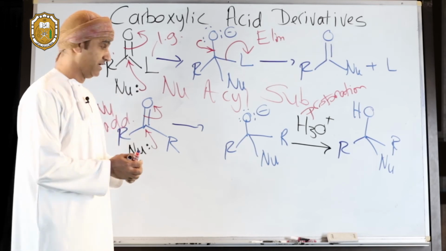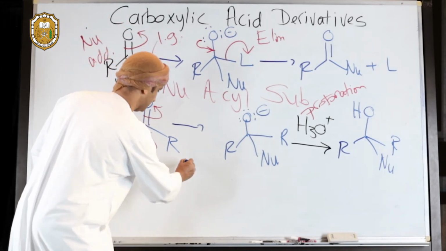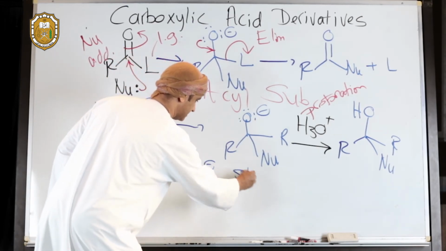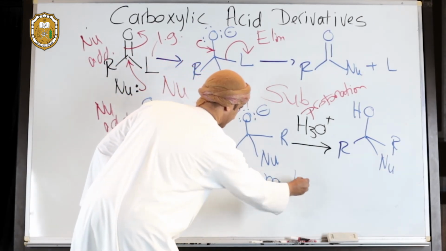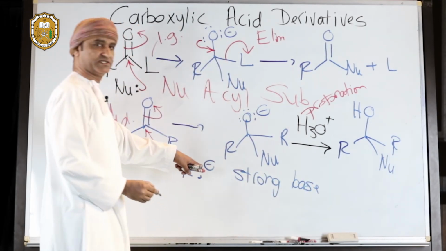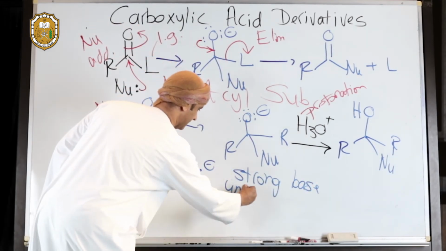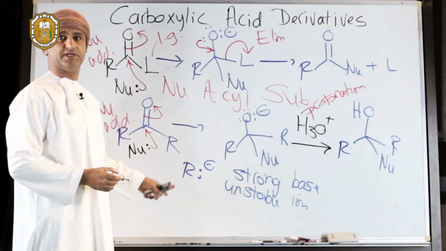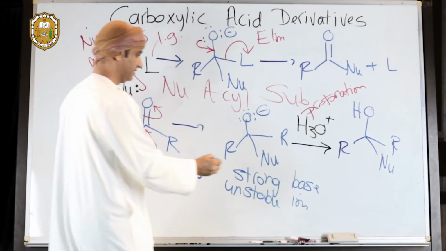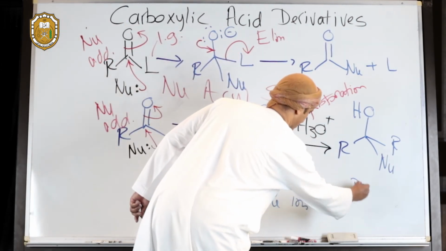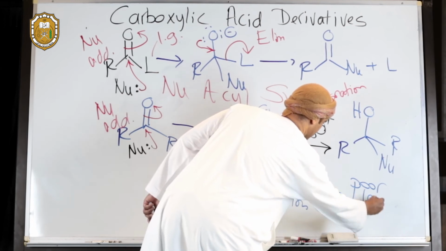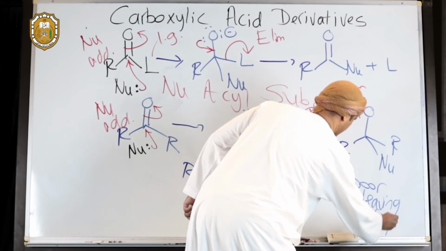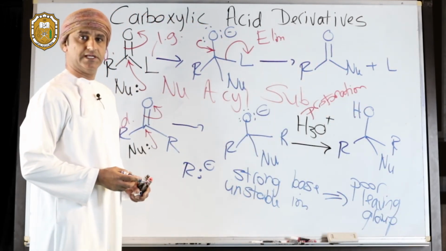It's an unstable ion. So R minus, theoretically, if we write R minus here, of course it's a strong base. It's an unstable ion. Therefore, it's an extremely poor leaving group.